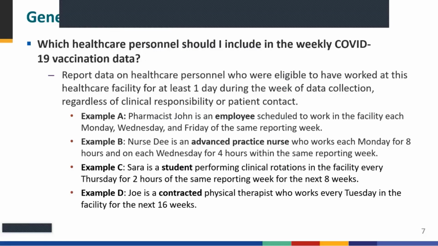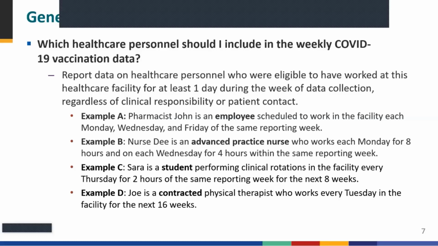John, a pharmacist employee, is included in the data since he is scheduled to work in the facility each Monday, Wednesday, and Friday. In the second example, facilities would count Nurse D in their data because she regularly works in the facility twice a week, Monday and Wednesday.